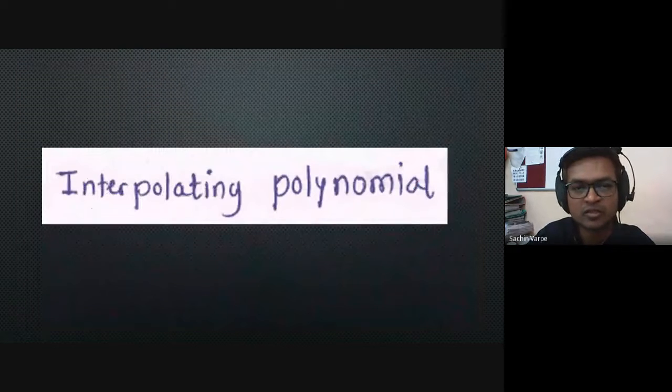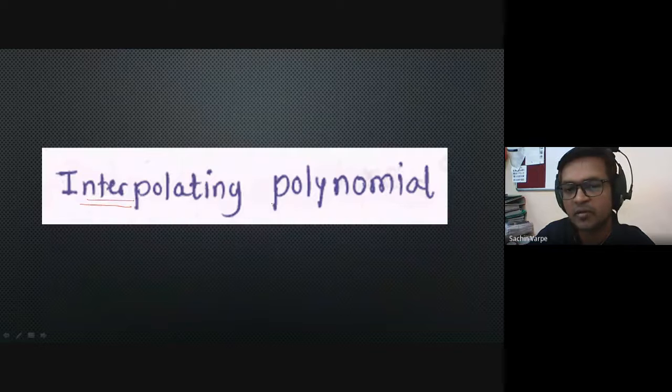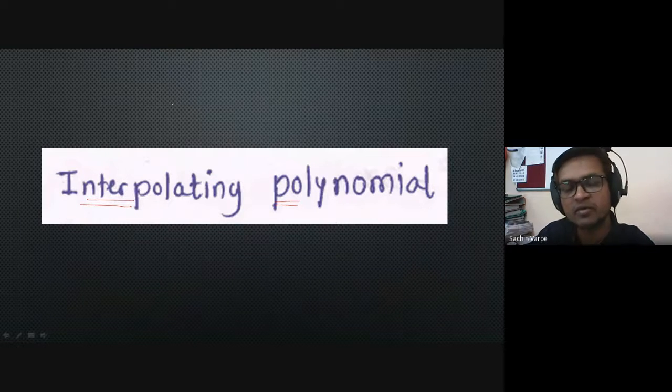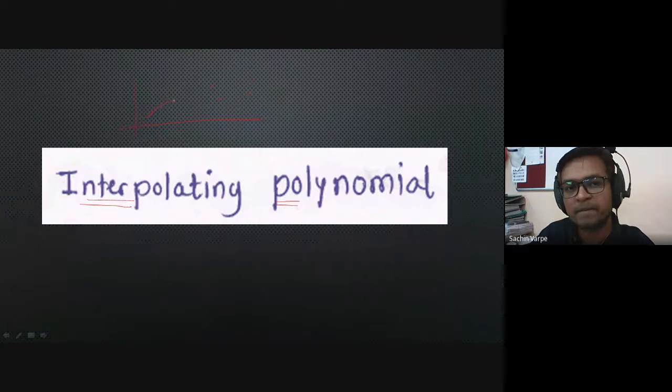So what is an interpolating polynomial? First of all, let me give you an example. If we have points like this in space, and we want to join these points, how are we joining them? We are joining these points like this, by a continuous curve.